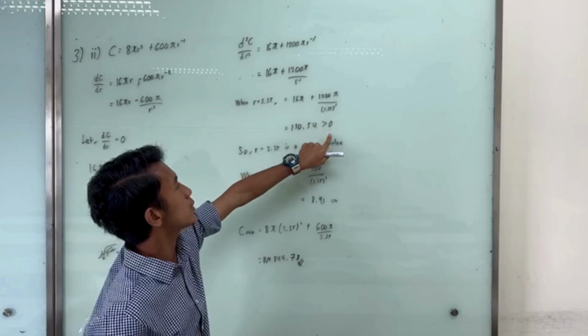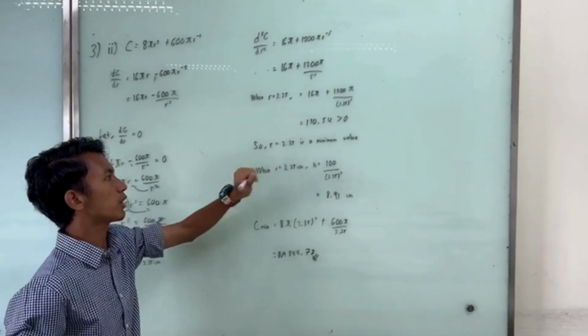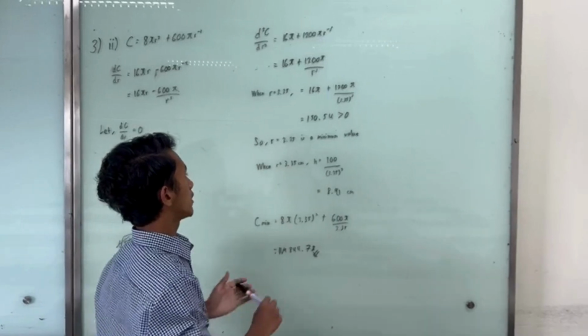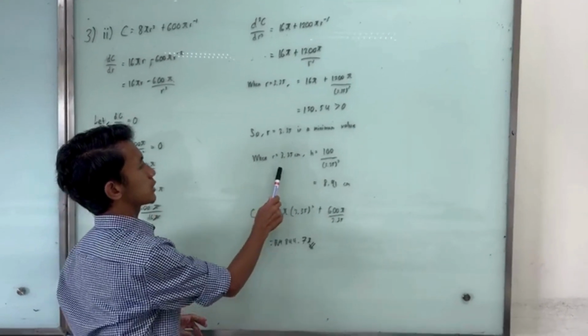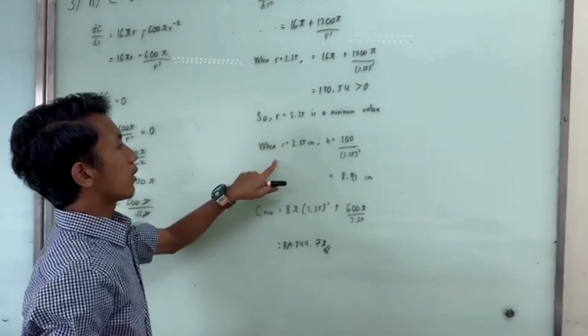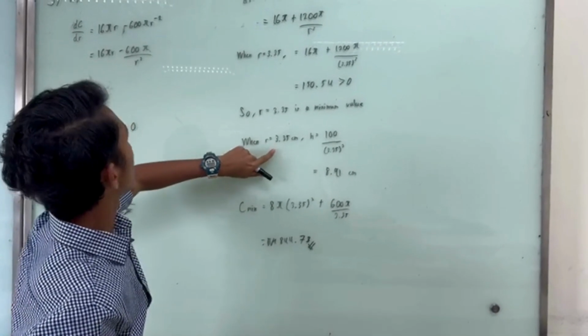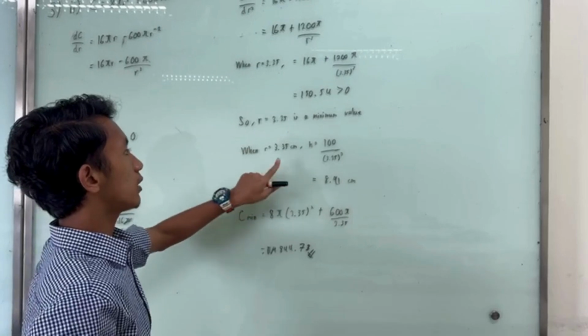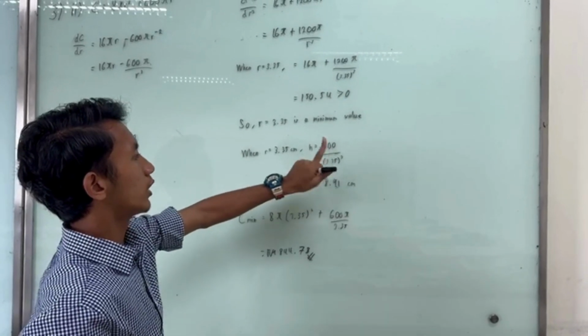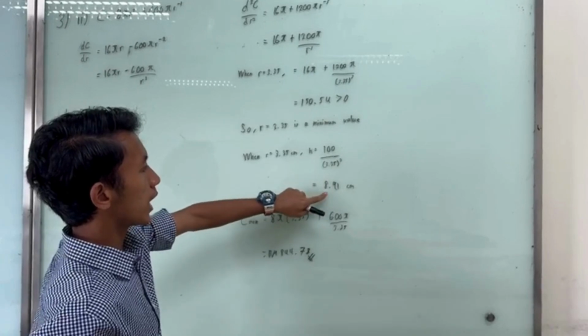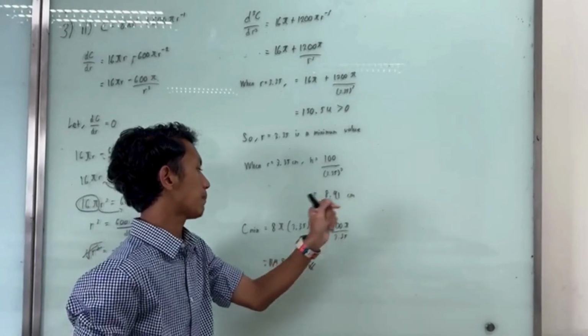It is greater than 0, so r equals 3.35 is a minimum value. Next, we find h by substituting r into the first formula, h equals 100 over r squared, so we get 8.91 cm.